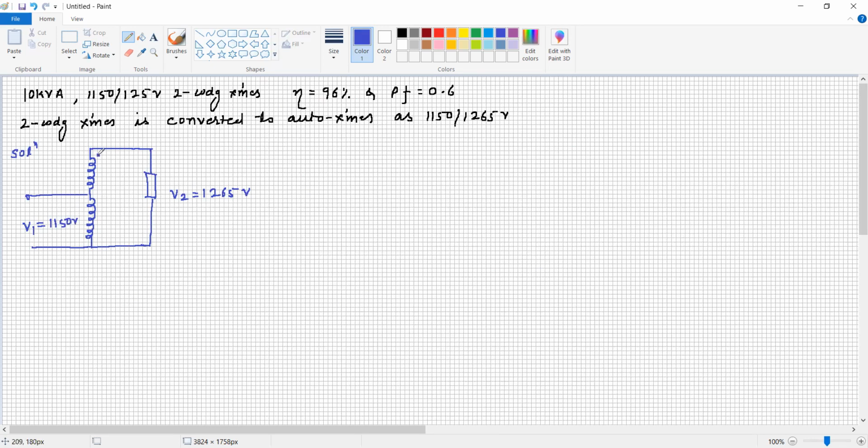It means that they are connected in series and the polarity is the same. Now, what is the HV current and what is the LV current? As a two winding transformer, the HV current is equal to 10 into 10 raised to 3 divided by 1150 volt is equal to.